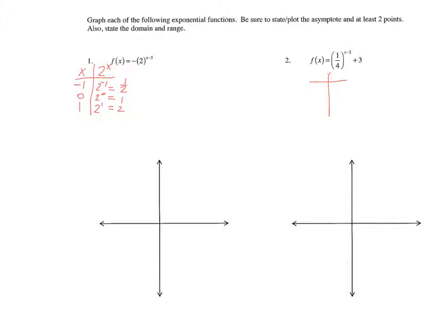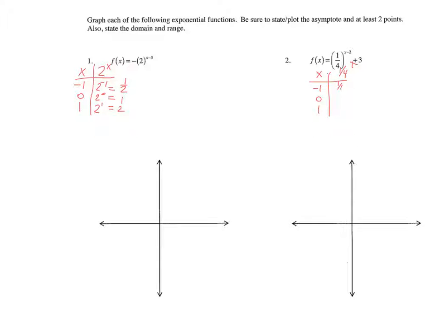Now if we just quickly take a look here on this other side, if we look at x, and then now we're going to have the equation 1/4 raised to the x, we could do -1, 0, and 1.